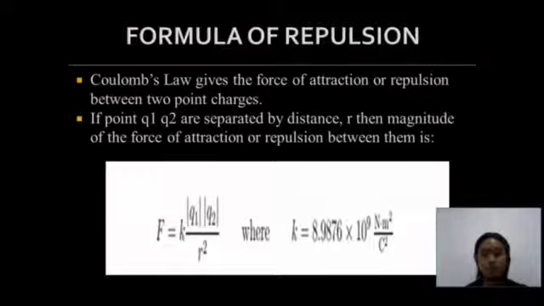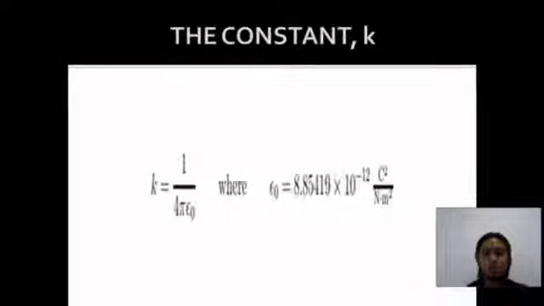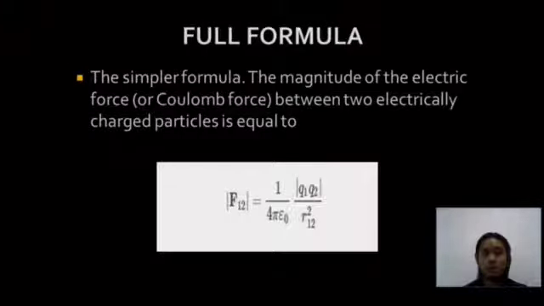We have F equal to k Q1 Q2 over r squared. k is the constant, k equal to 1 over 4 pi epsilon naught, where epsilon naught is 8.5419 times 10 to the power of negative 12 C squared over N m squared. This is the full formula, the simpler formula: the magnitude of the electric force or Coulomb force between two electrically charged particles.